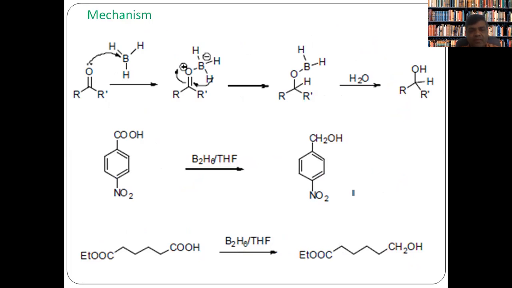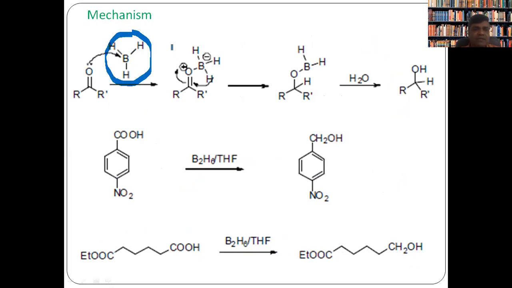Now let us see the mechanism of how the ketone is converted into secondary alcohol. We already discussed it, but we'll see it briefly. See, this is the boron BH3. It is electrophilic in nature, as the boron octet is not complete.